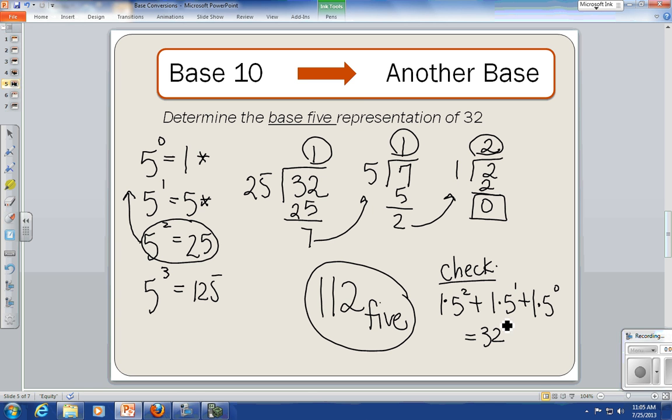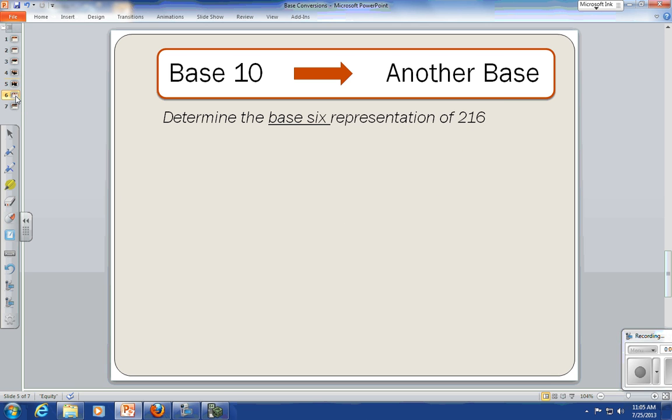Okay, so there's base 5. Let's look at another one in a different base. Determine the base 6 representation of 216. Okay, so now we're talking about base 6, so I'm going to start with powers of 6. 6 to the 0 is 1. 6 to the first is 6. 6 squared is 36. 6 cubed is 216.